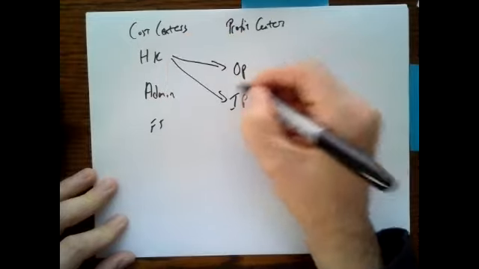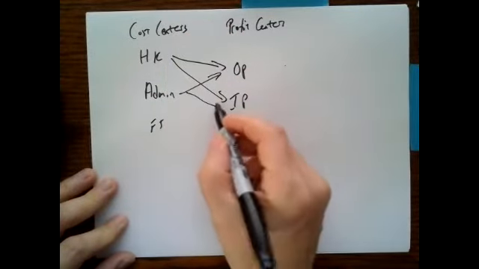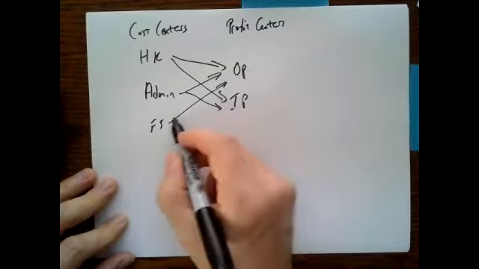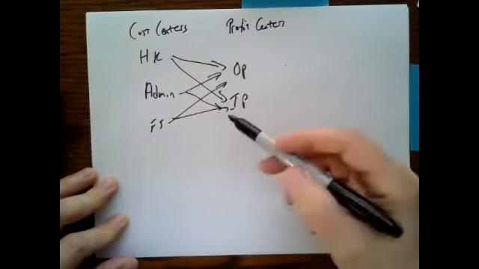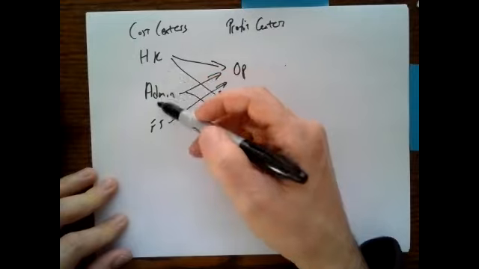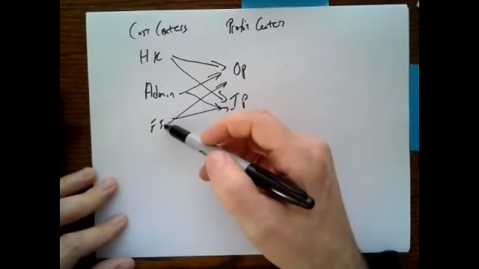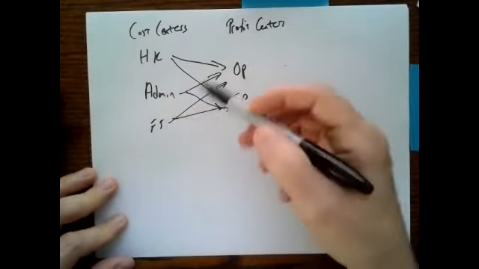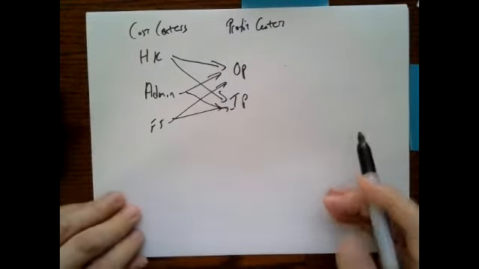Housekeeping sends some of its costs to outpatient and inpatient. Admin sends some of its costs to outpatient and inpatient. Financial services sends some of its costs to outpatient and inpatient. It ignores the relationship between the cost centers. It ignores the fact that admin gets some support from housekeeping and financial services gets some support from both of these. It just does a direct allocation.